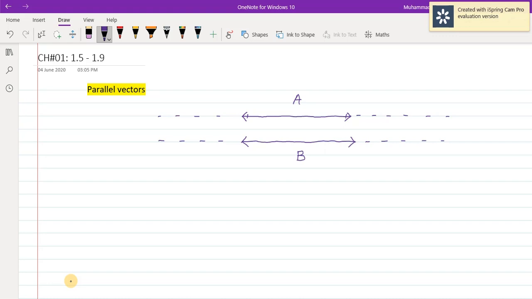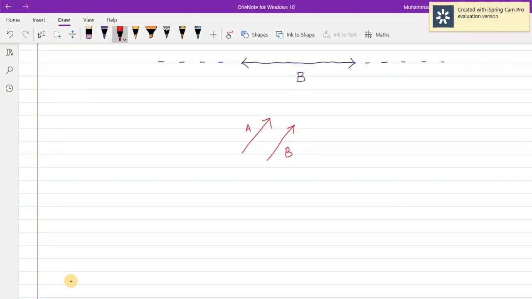Students, now consider two equal vectors A and B. Now think, will they intersect each other at any point if we extend them? The answer is no, because they are in similar direction and distance between them is constant.